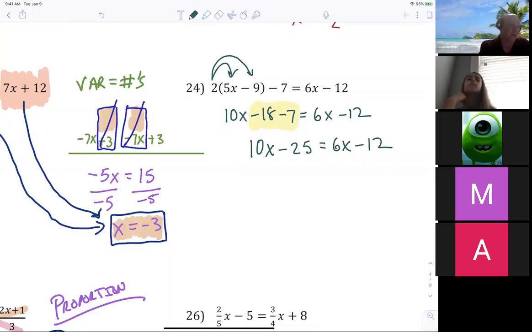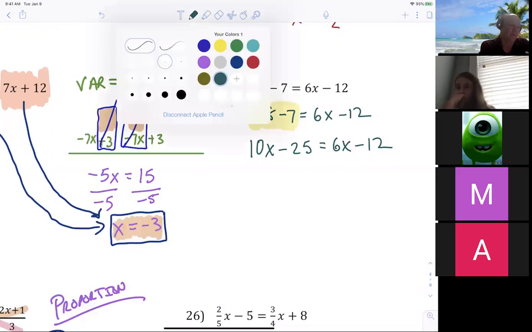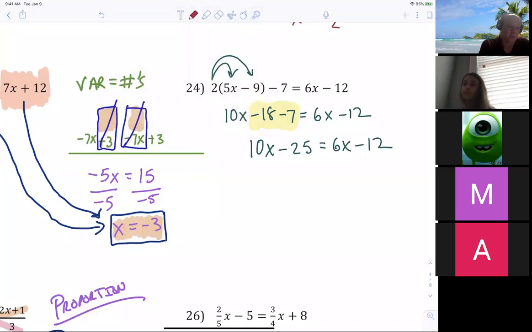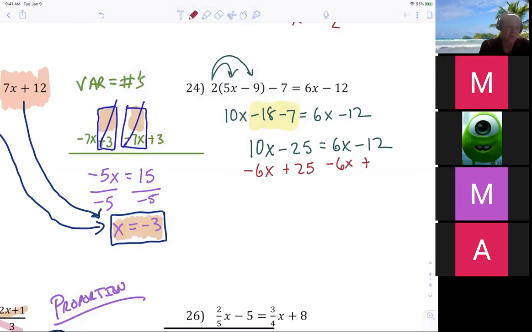Now, finally, we're going to move our variables to the left and our numbers to the right. So I'm subtracting 6x, subtracting 6x, adding 25, adding 25. So now I have 4x equals 13.